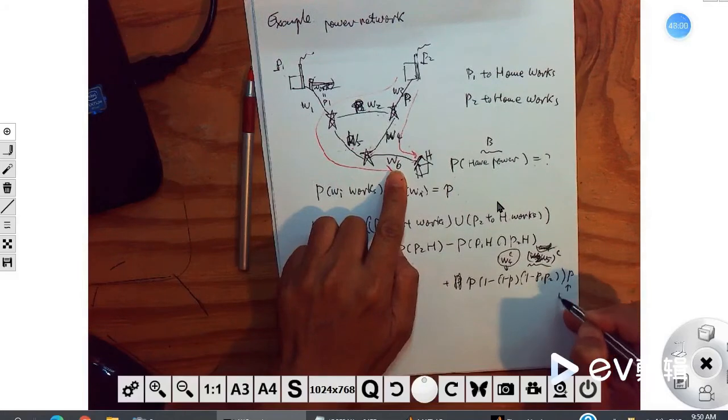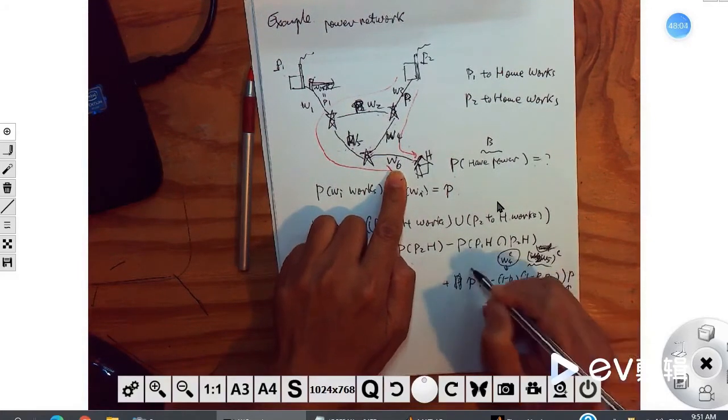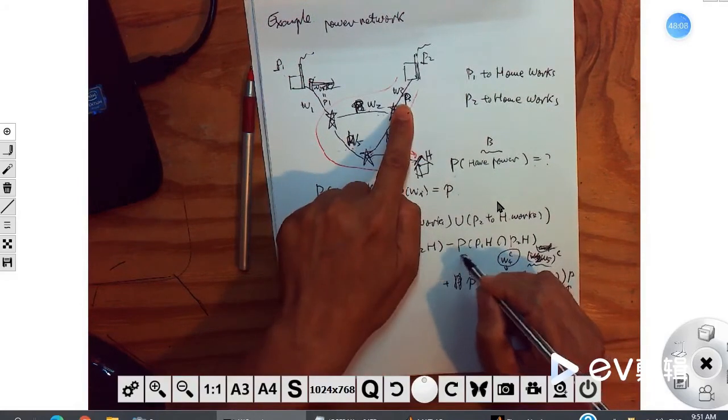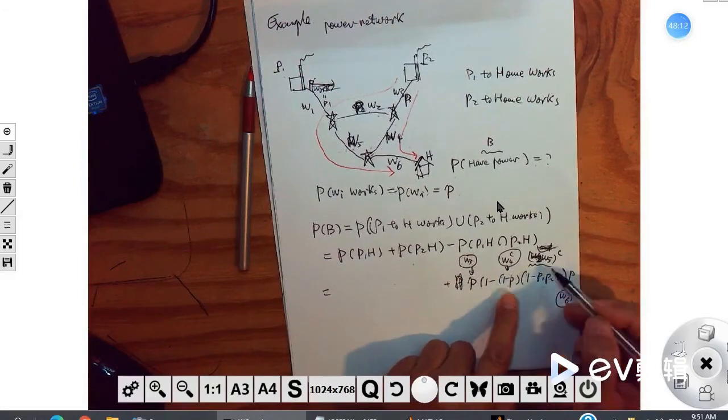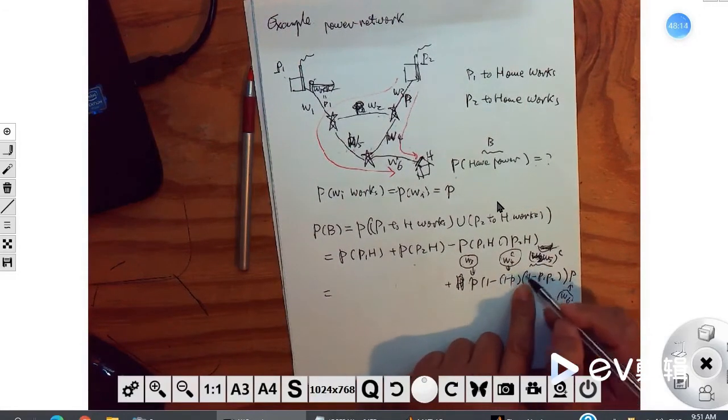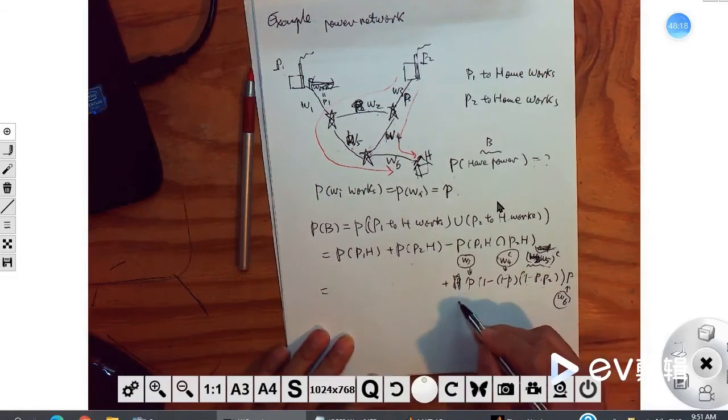This is W6 works. This is W3 works. W4 doesn't work. This is W2 and 5 doesn't work. Okay, so the whole thing, this part is P2H.